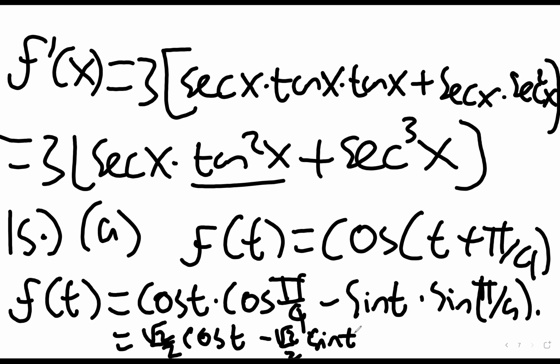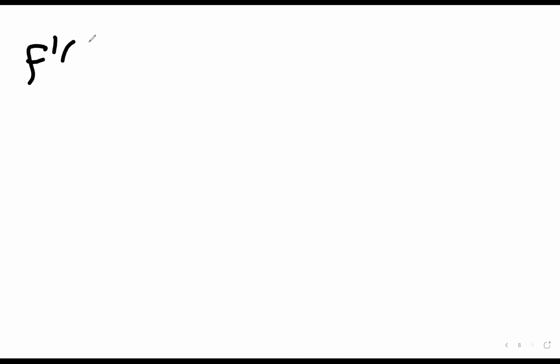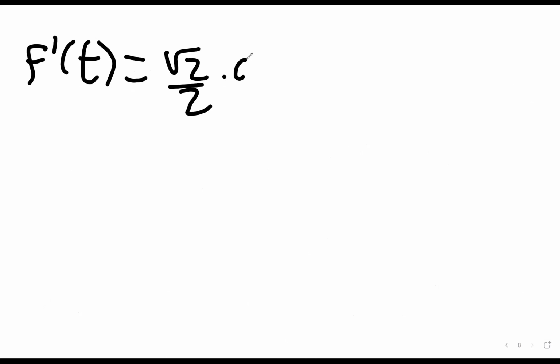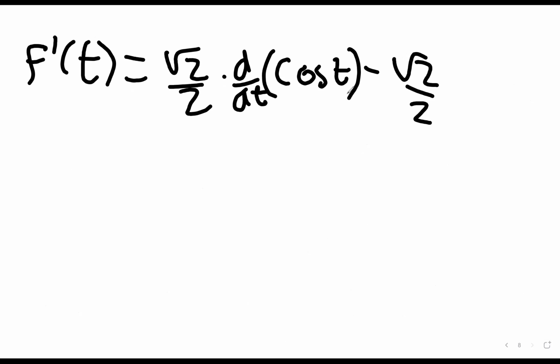After obtaining this, of course, it's similar to number 14a, just a linear combination of cosine and sine functions. So in this case, I will have f prime of t equals square root of 2 over 2 multiplied by the derivative of the cosine function, minus square root of 2 over 2 multiplied by the derivative of the sine function.